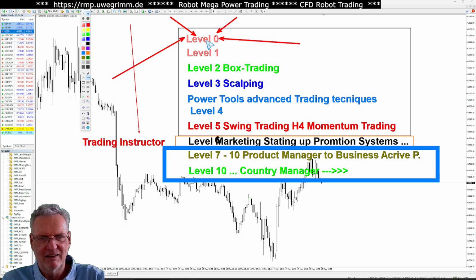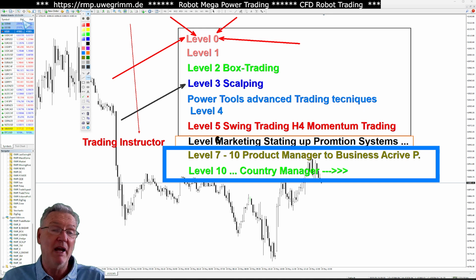You know why? Because when you don't start here, you will not understand anything. Imagine you start here with scalping. You have no idea how to use the MetaTrader 4 program. And I swear to you, this computer program is huge. It has a billion opportunities.